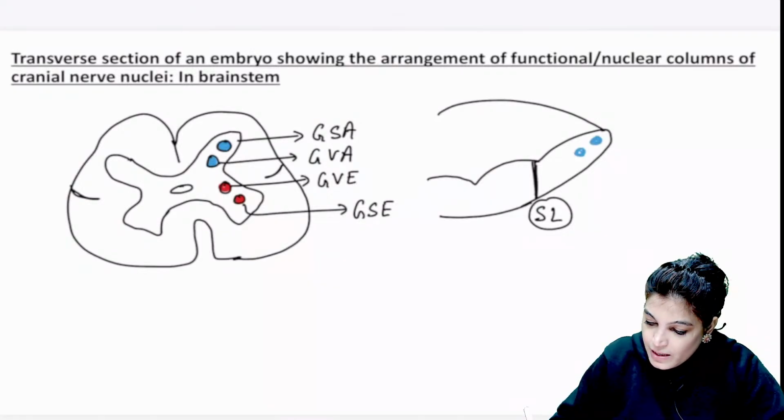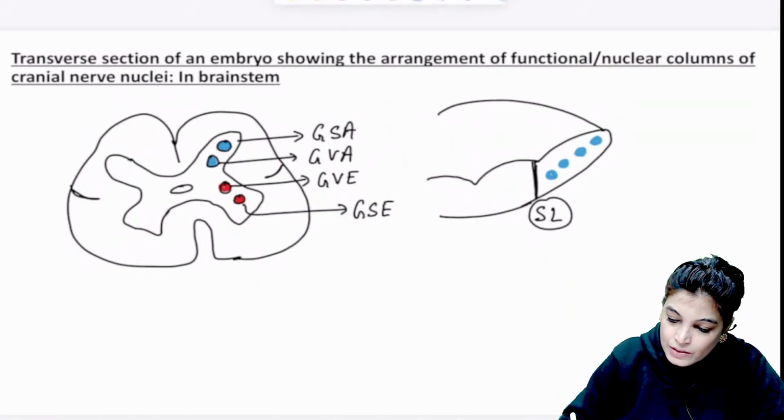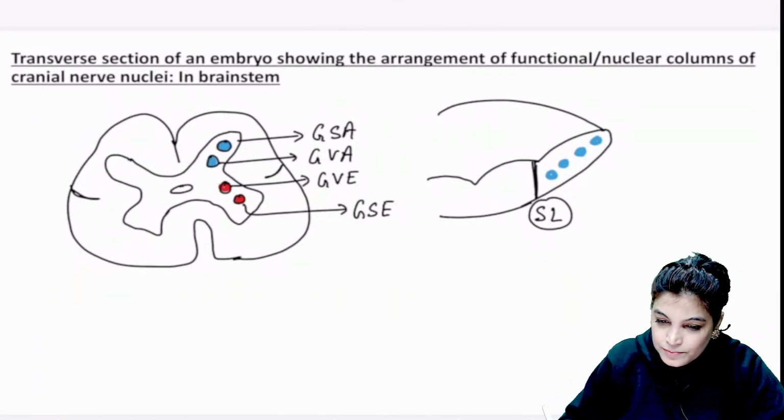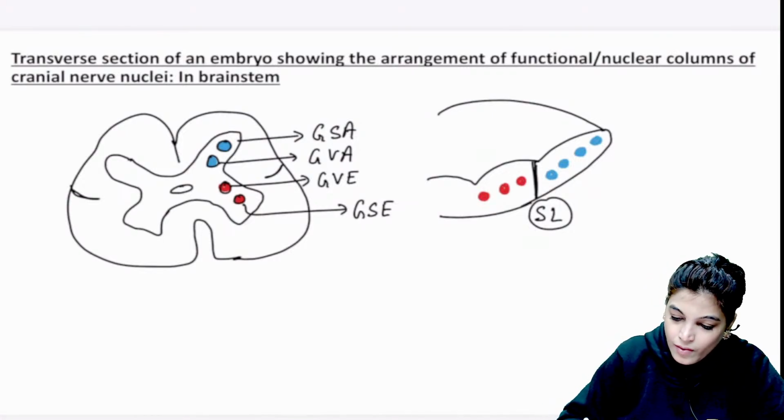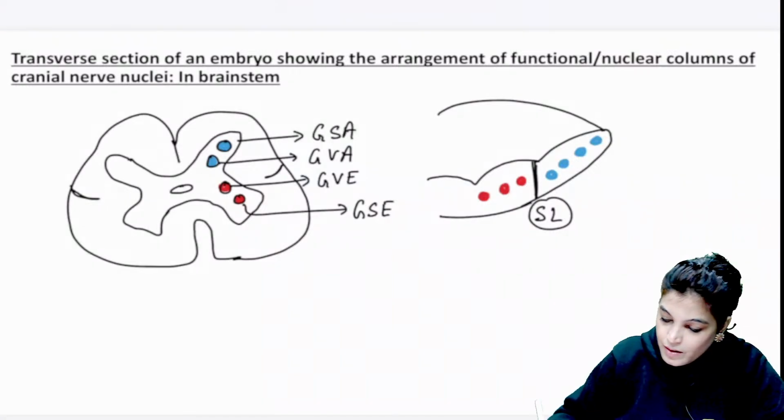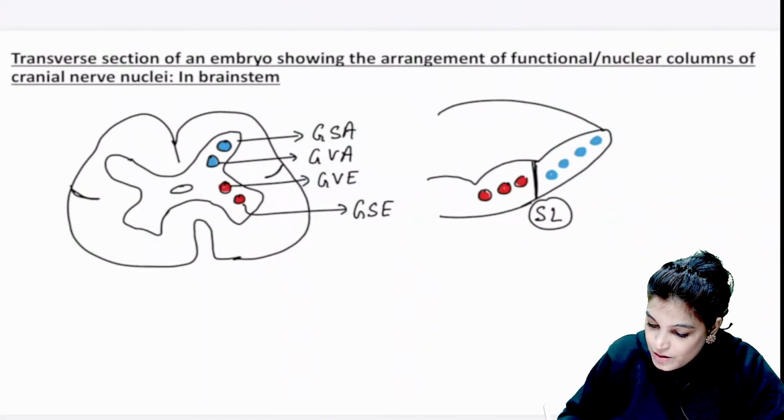So just make 7 functional columns. So 4 are sensory and 3 are motor. Okay, so these 3 are motor and these are sensory.